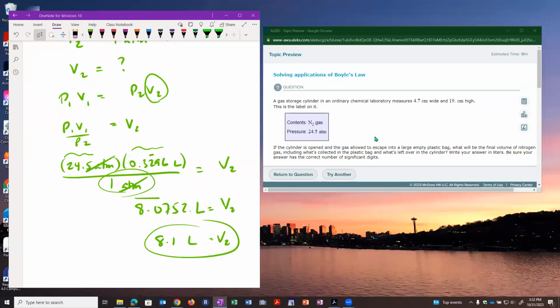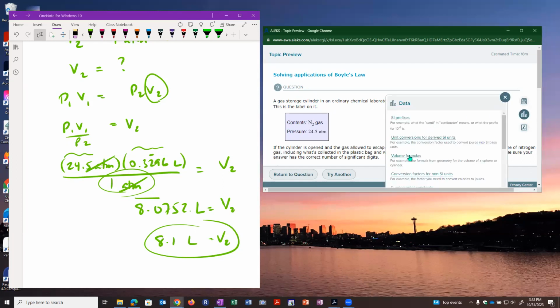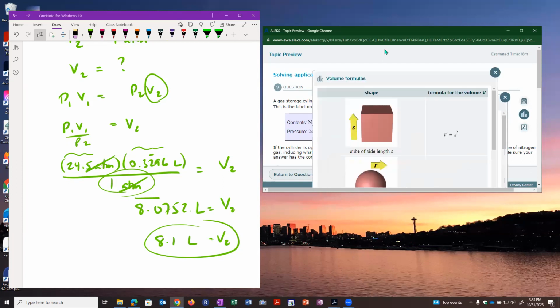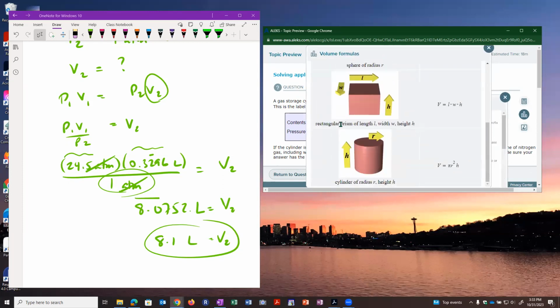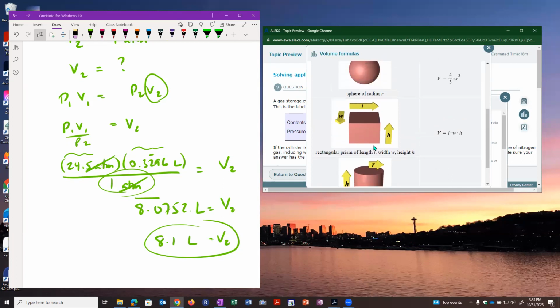So in different versions of questions like these, you may be given a different container. So in this case, we were given a storage cylinder. So we were able to use the formula for the volume of a cylinder, which is given here. Now you may be given the container being a cube or a prism.